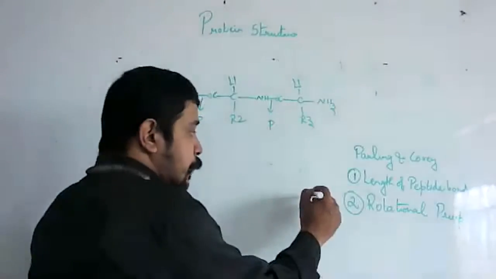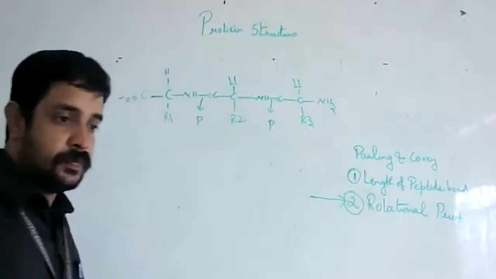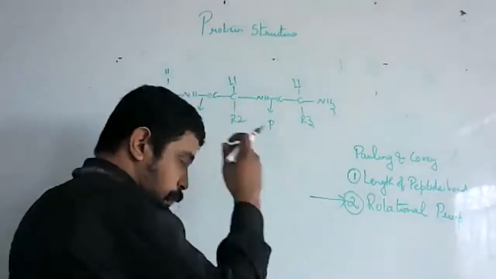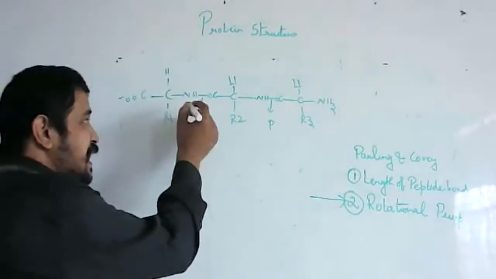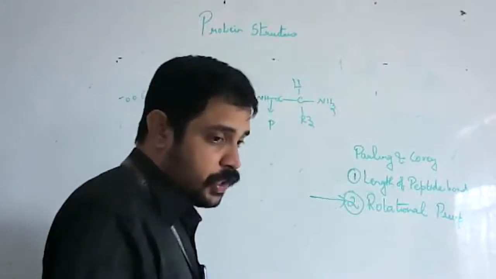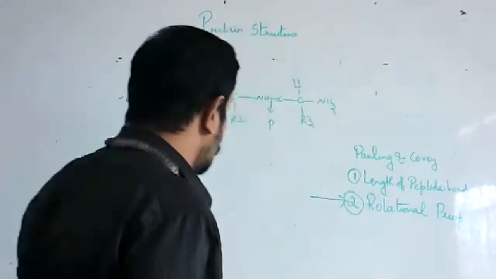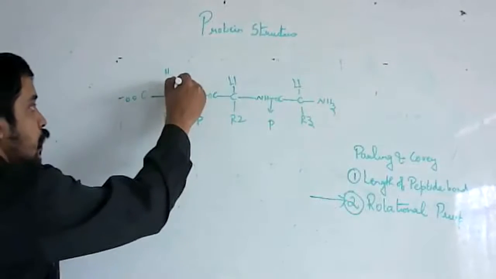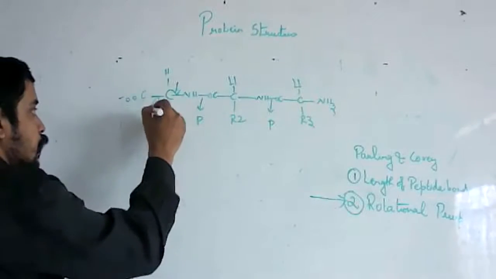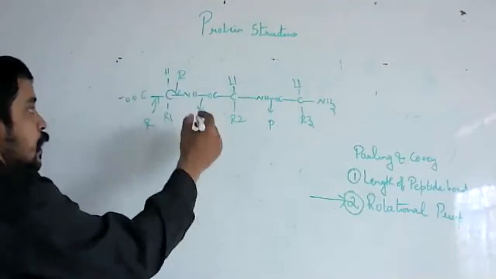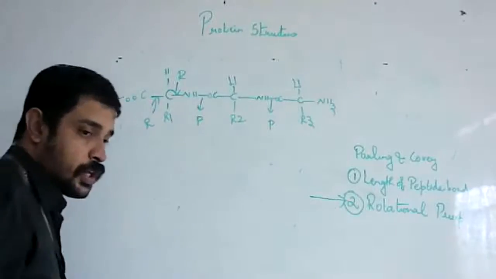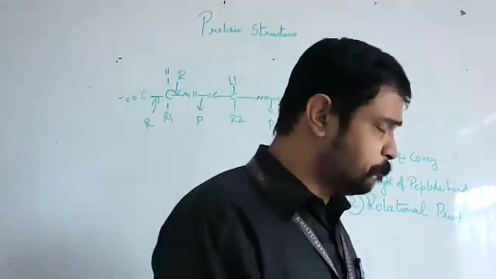Now, the primary reason for the rotational property, you have to understand, is why a peptide bond doesn't rotate. But we told that this bond is rotating, this bond is rotating as well. But with the peptide bond, there is no rotation. I told you.